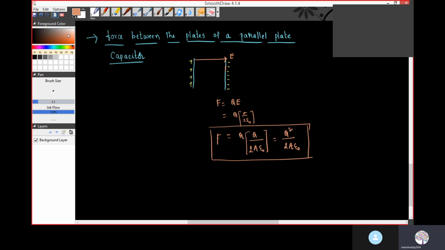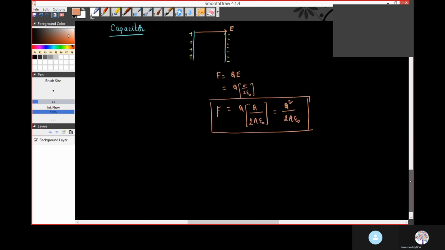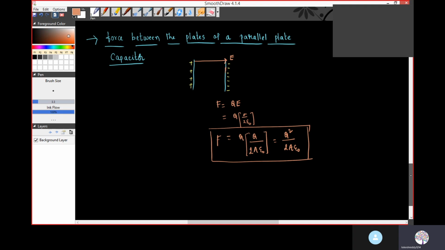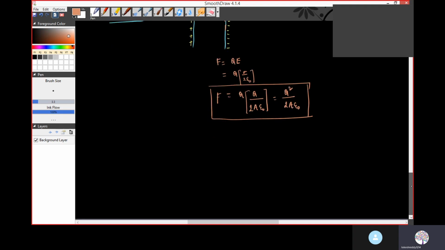Now energy density between the plates of a parallel plate capacitor. This is the force between the plates of a parallel plate capacitor.